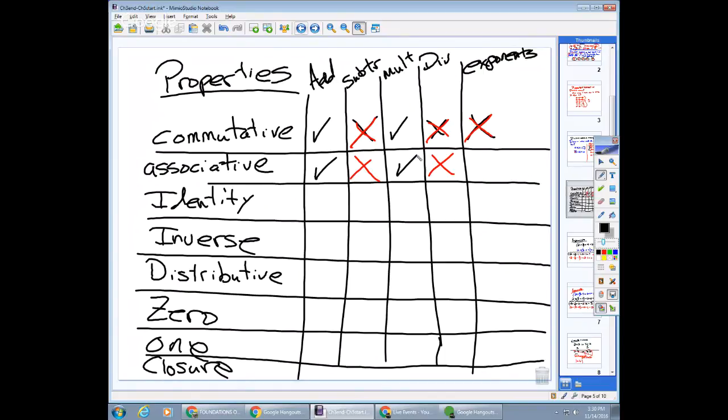Exponents. Well, on one hand, since exponents are based on multiplication, I might think, hey, we got a chance. However, how did exponents fare with commutativity? Failed. So I'm thinking it's not going to pass the associative test.